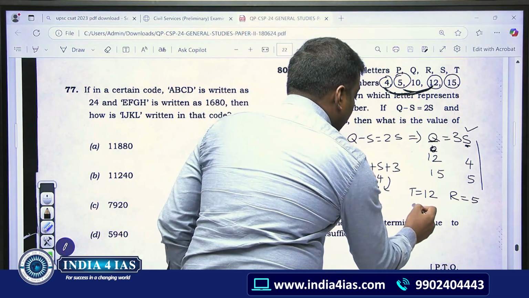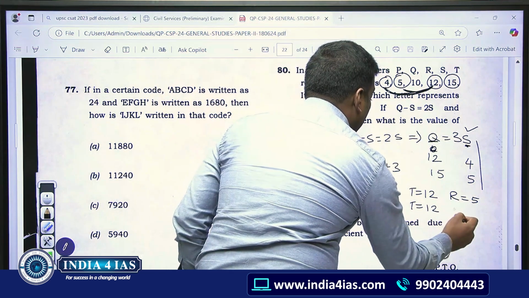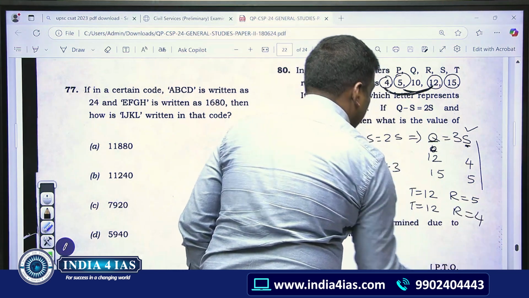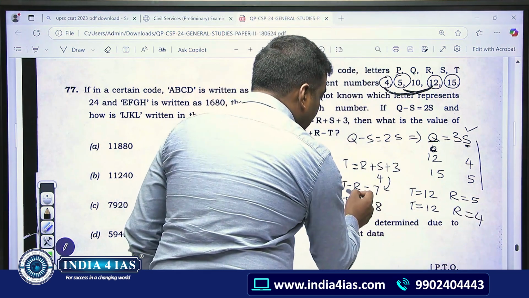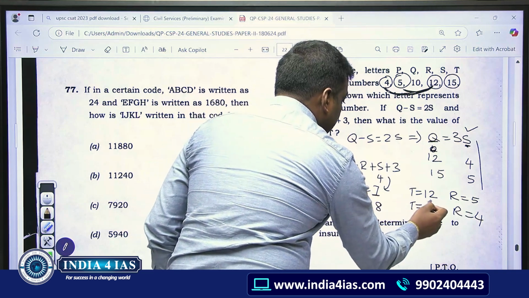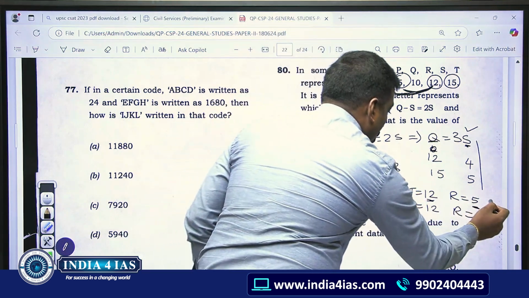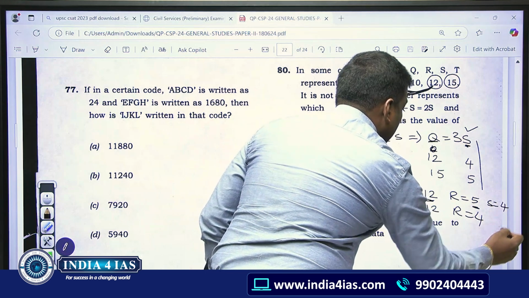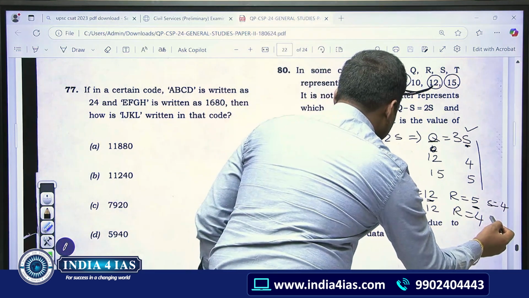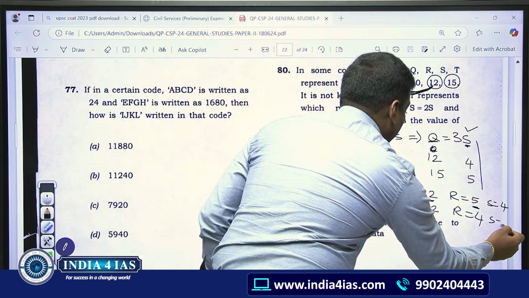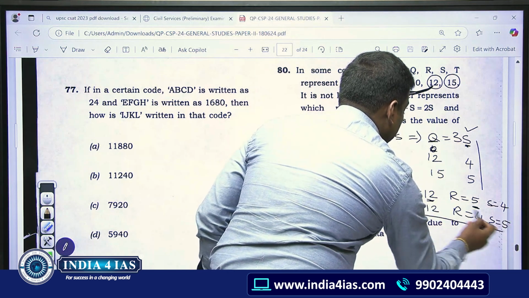When T is equal to 12, R can be 4. But what happens here? When T minus R is equal to 7, T is equal to 12, R is equal to 5, but S is equal to 4.